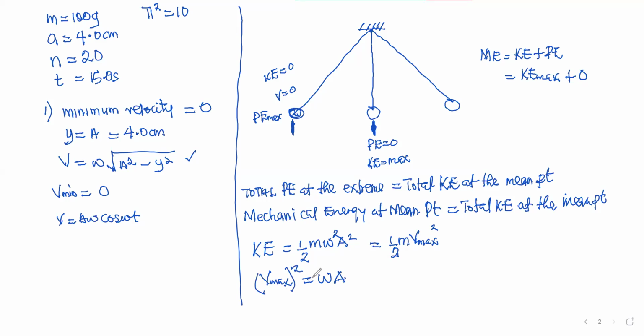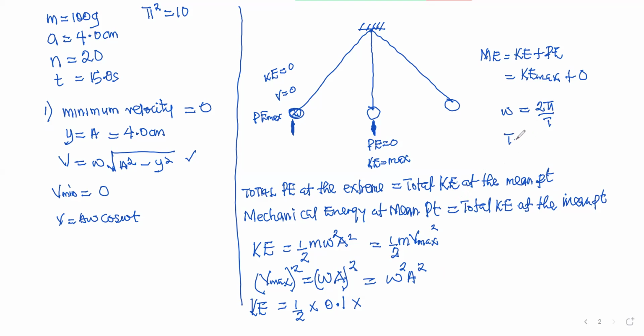So when you square v maximum, you have omega squared times the square of the amplitude, which will bring you to the same equation here. So half times the mass, which is 100 grams, so 0.1 kilogram, times what's the angular velocity? We know angular velocity to be 2 pi over T.